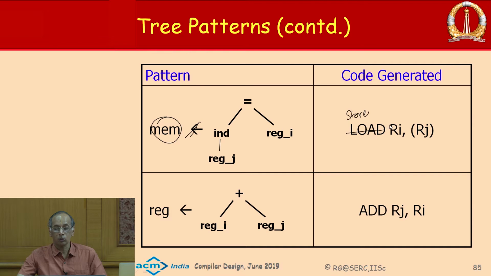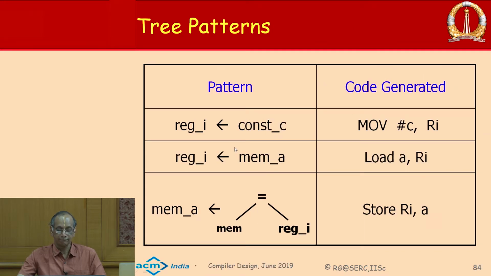That is basically store Ri into indirect location Rj. Now, this is a simple thing where you are adding two registers, and when you do this the result goes to a register.